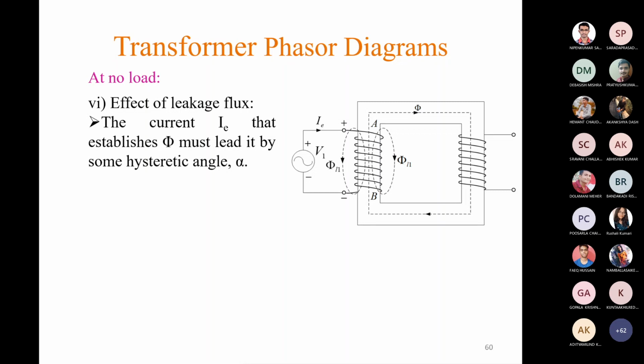That means the BH curve for this leakage flux will be like this. It will rise in this way, and then if we reduce the current and when it gets reversed in the reverse direction, then it will get in this way. So its path is linear. So this is the BH curve for phi L.